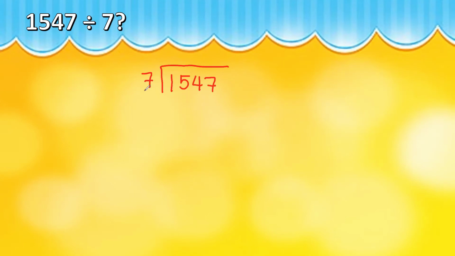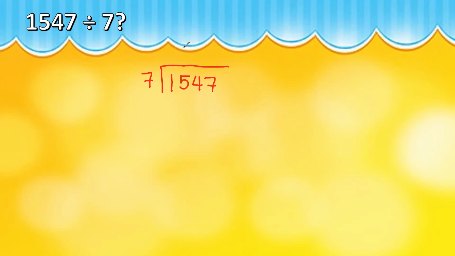Again, the divisor is greater than the dividend. So 1 divided by 7 is equal to 0. But since it is the first digit, we don't need to write 0 here, and we can proceed dividing the number directly to 2 digits, which is 15.